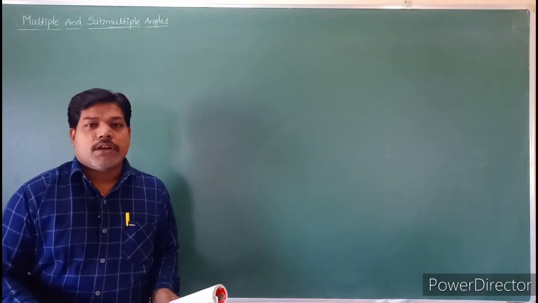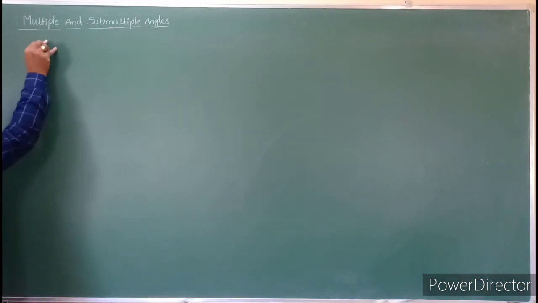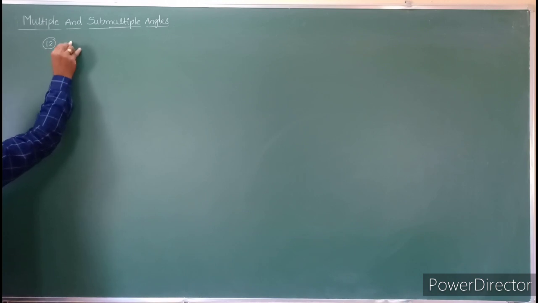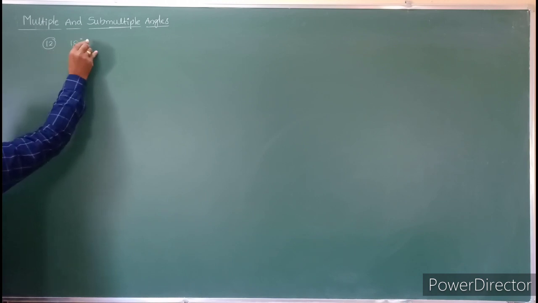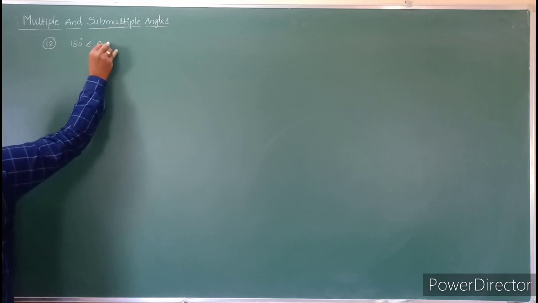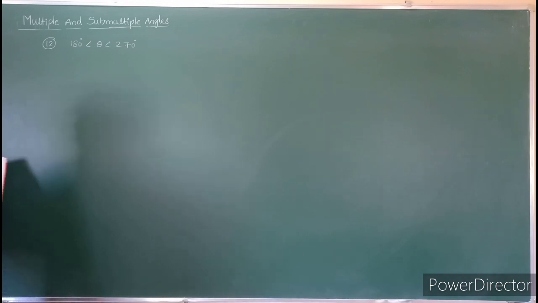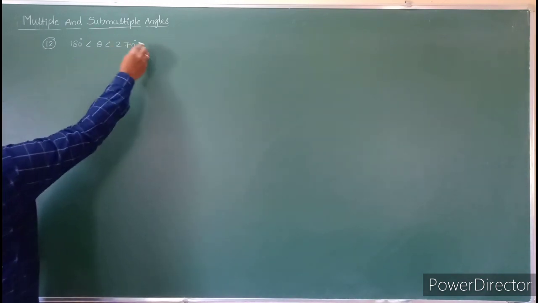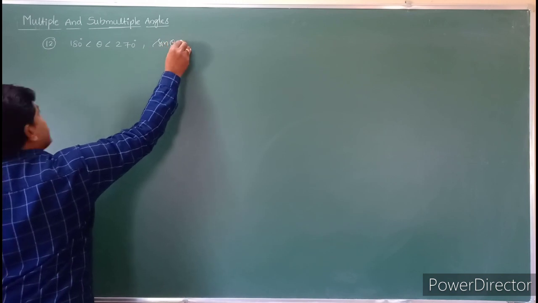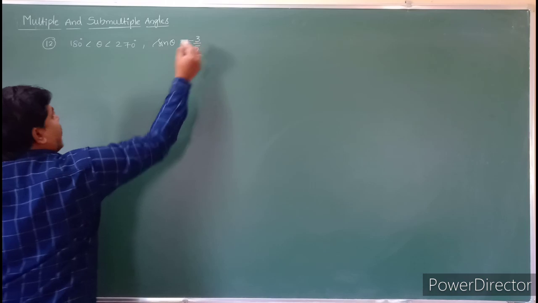So see that question, students. See question number 12. What is question number 12? 180 degrees is less than theta less than 270 degrees, and they are given sin theta is equal to minus 3 by 5.